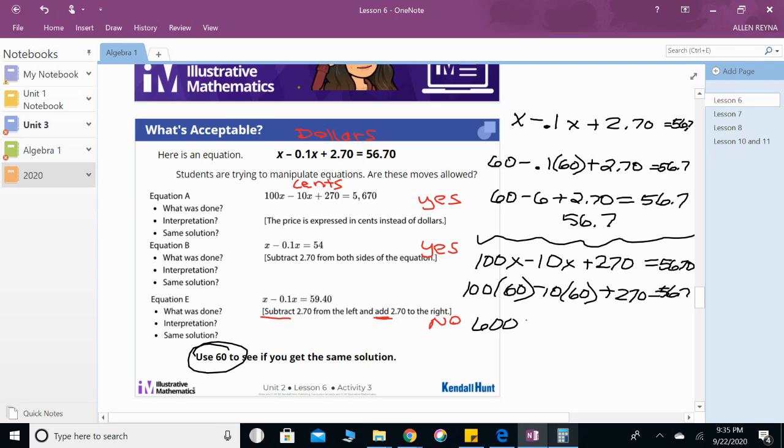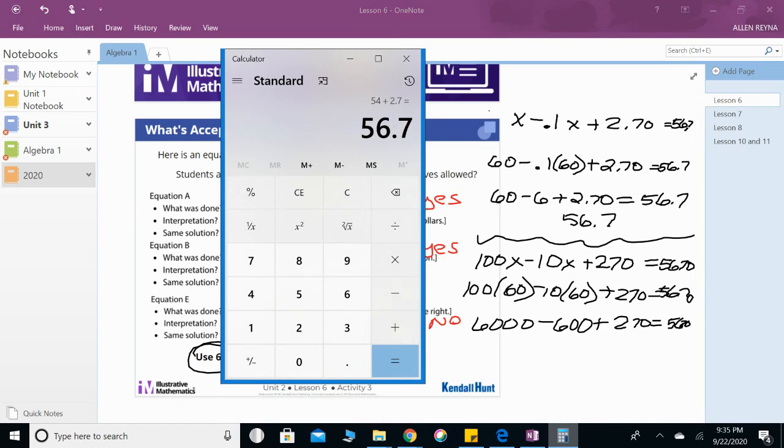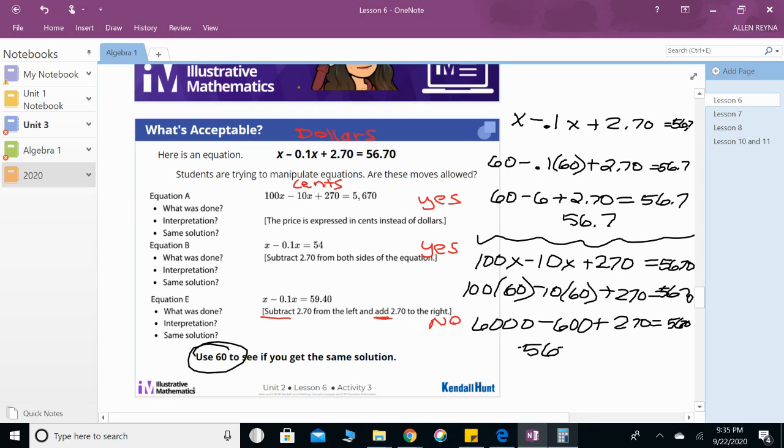So 6 with 3 zeros minus 6 with 2 zeros plus 270 should equal 5670. So we're going to do 6,000 minus 600 plus 270. Yay, we get equivalent equations. 5670 does equal 5670. Okay, one more.